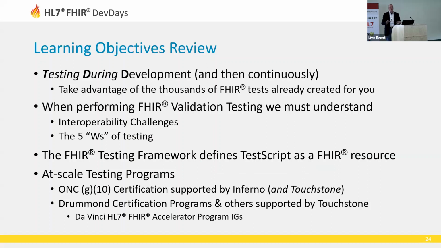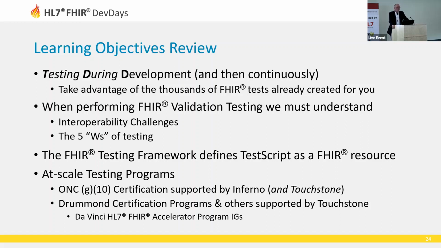So, a quick whirlwind tour of testing during development and then continuously, where you can take advantage of tests that have already been built. I showed you Touchstone, but there's Inferno and other tooling as well, and thousands of tests that have already been pre-built that you can run through, whether on your own or in conjunction with a program like Drummond. When you perform validation testing, understand there are challenges involved. The 5 W's of testing: why, who, what, when, where.